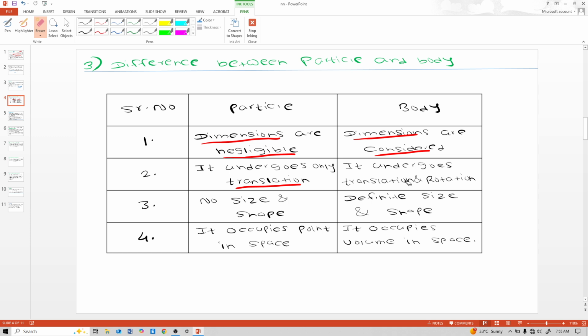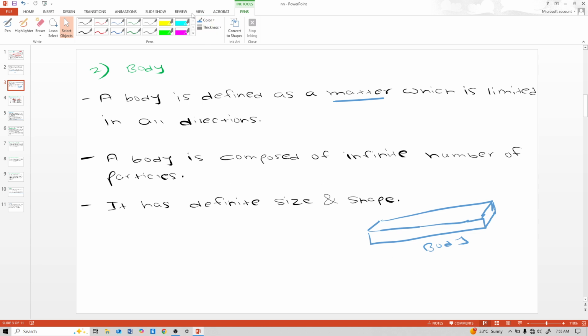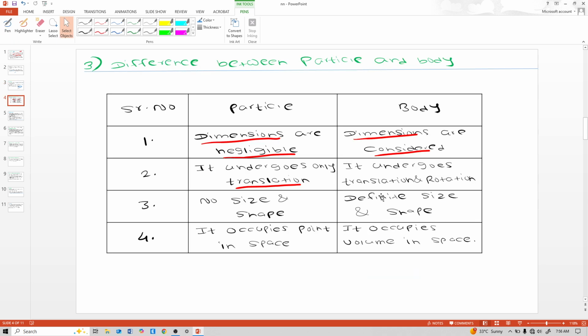A body undergoes translation and rotation also. This is a body. When force acts and is transferred to this body, we will take the moment here, then the moment acts on this body. If this is P and this is E, then the moment at this point is P into E. So when force acts on a body, the body has translation and rotation.